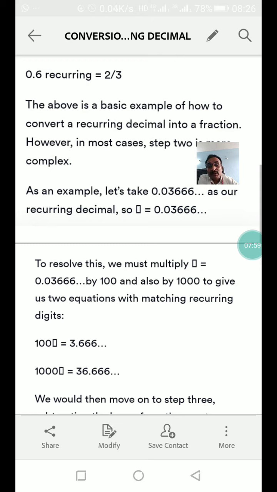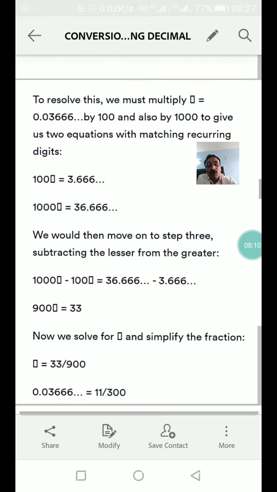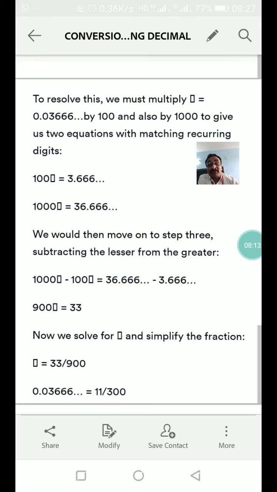Now you have 100x equal to 3.6666 and 1000x equal to 36.666. Now we move on to step three, subtracting the lesser from the greater. You have the greater, 1000x, and the lesser, 100x. Now you subtract 100x from 1000x and you get 900x equal to 33.